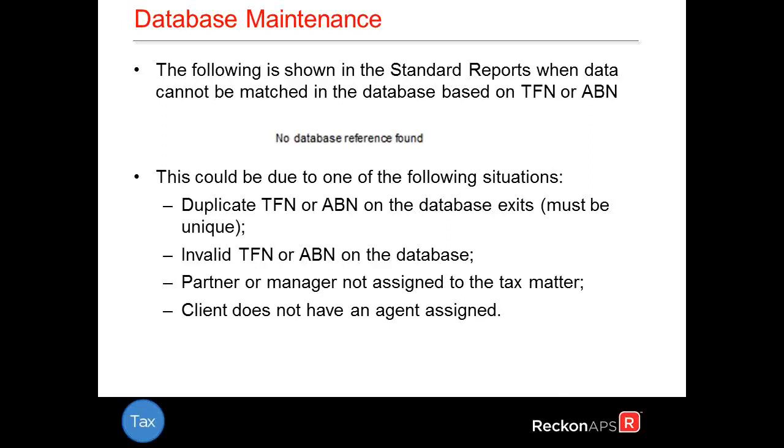So you really need to understand who essentially is the owner of that TFN or ABN and make sure that it only resides against that particular client. Another reason is an invalid TFN or ABN. I have seen instances where clients have entered the TFN or ABN into the database, and the most common one is the TFN where there are spaces. Okay, so 1, 2, 3 space, 4, 5, 6 space, 7, 8, 9. That is classified as an invalid TFN, and therefore we cannot use that TFN field to match against.